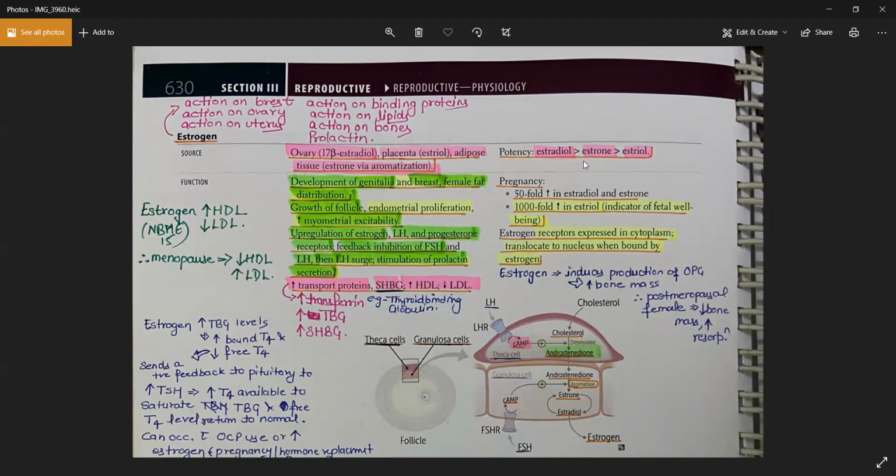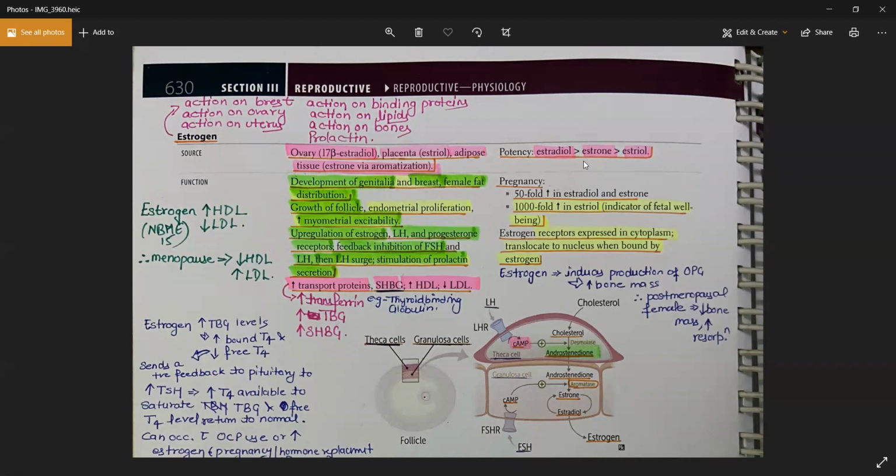So what's going to happen after the menopause? You have the adrenal cortex, where you have the zona reticularis, which will secrete the androstenedione. If you go back to the endocrine part, we have discussed all these processes, right?